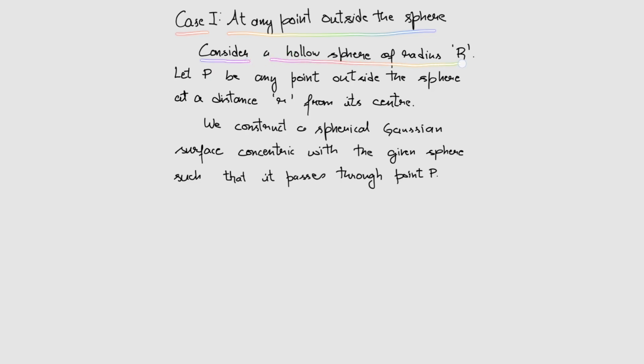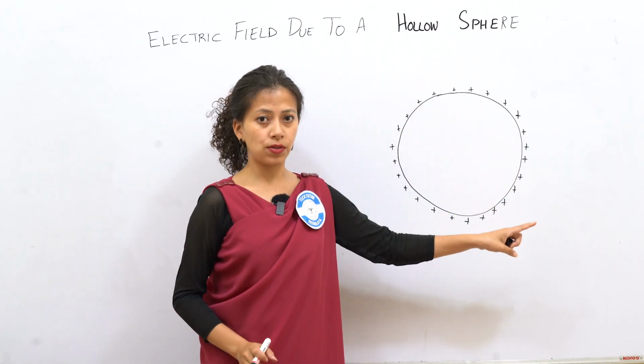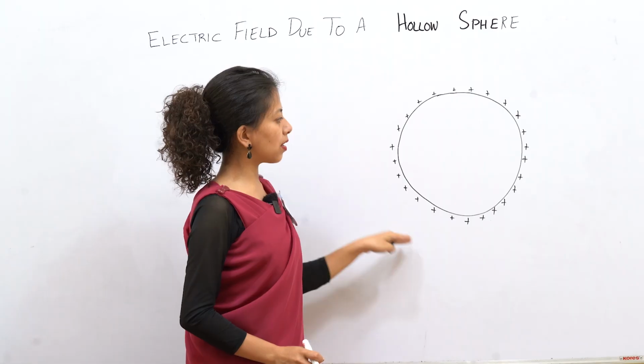Consider a hollow sphere of radius capital R and let P be any point outside the sphere at a distance small r from its center. Let us draw the diagram. This is a hollow sphere, with charges on the surface of the sphere.